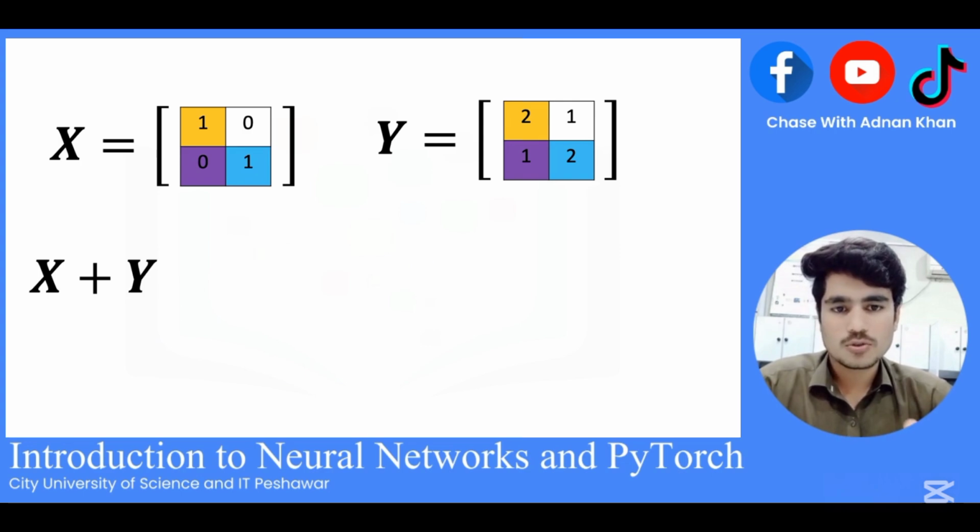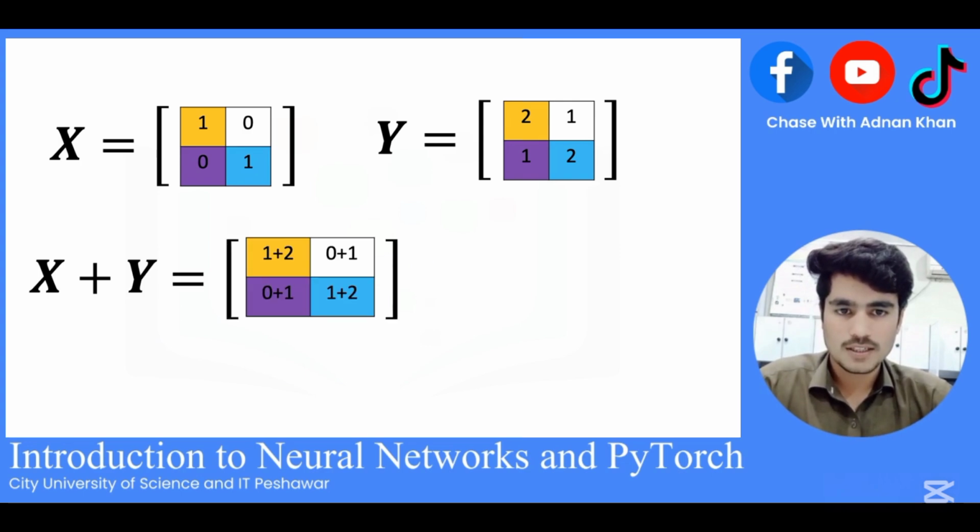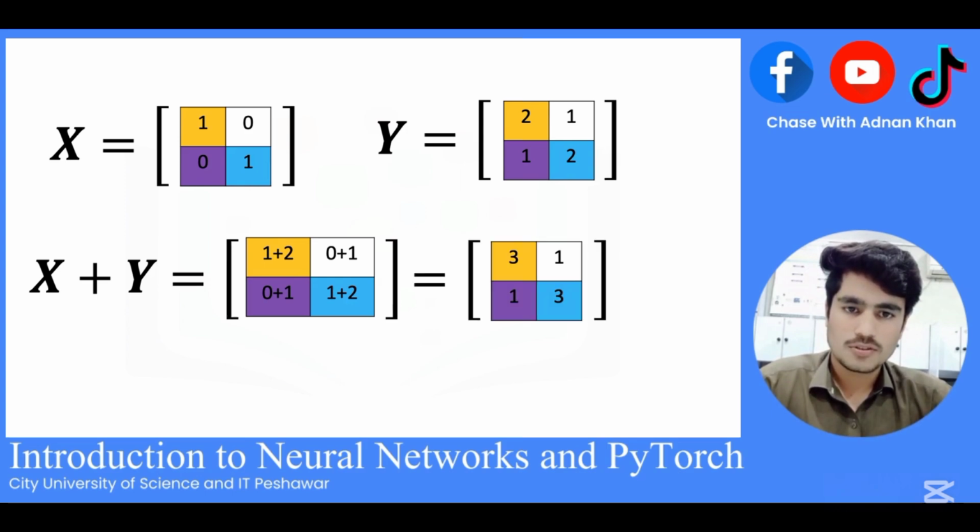We can add the tensors. This corresponds to adding the elements in the same position, that is, adding elements having the same color boxes together. The result is a new tensor that is of the same size as tensor x or y. Each element in this new tensor is the sum of the corresponding element in x and y.